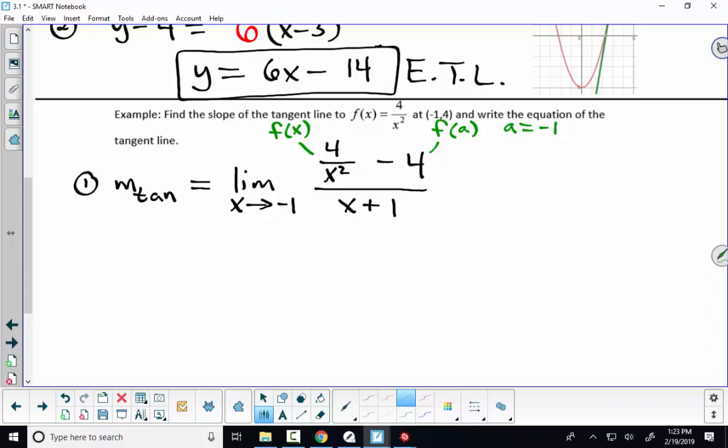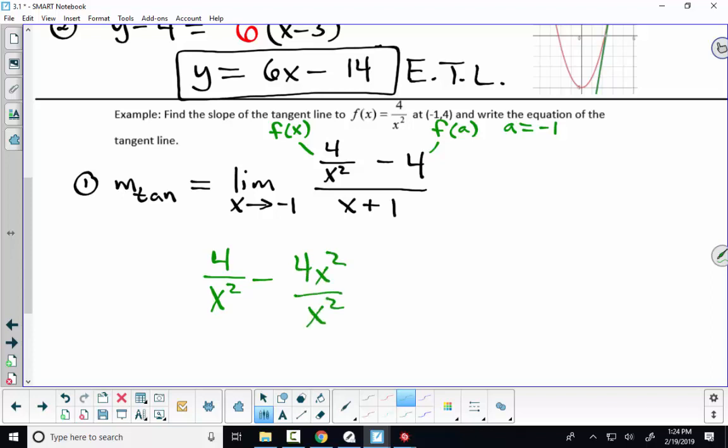Yeah, so it's just the same technique. When we have complex fractions, it's just find the lowest common denominator, because you're clearing those fractions. The other option is to say, well, what is 4 over x squared minus 4? But 4 is really 4x squared over x squared, right?